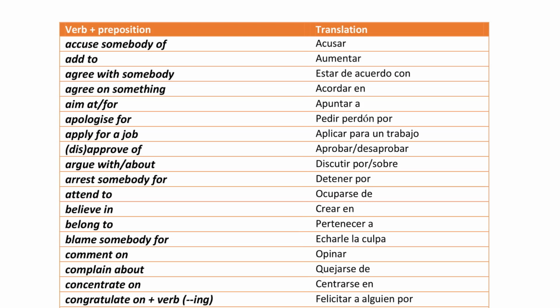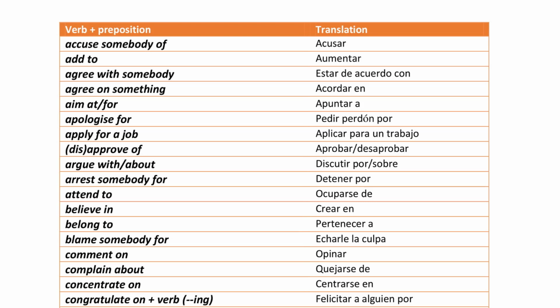Okay, so agree with somebody, agree on something, acordar en. Aim at or aim for, apuntar a, okay, or it's como tener como objetivo. Apologize for is pedir perdón por. Apply for a job is aplicar para un trabajo.